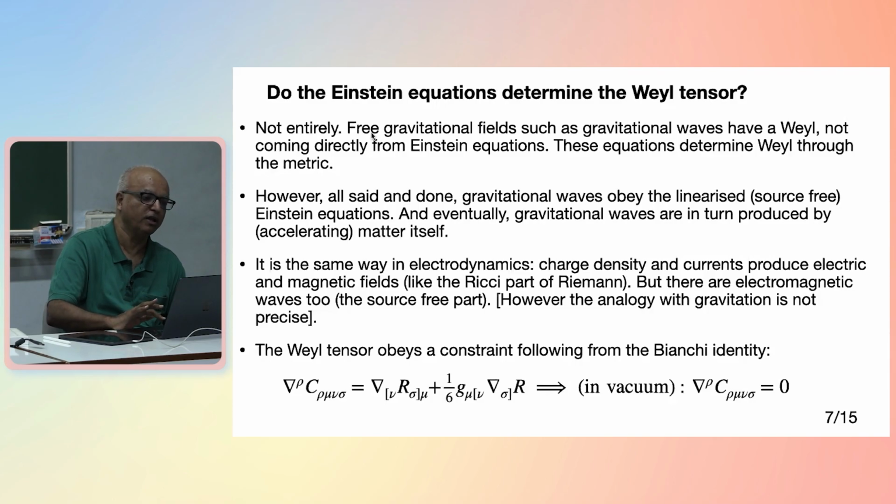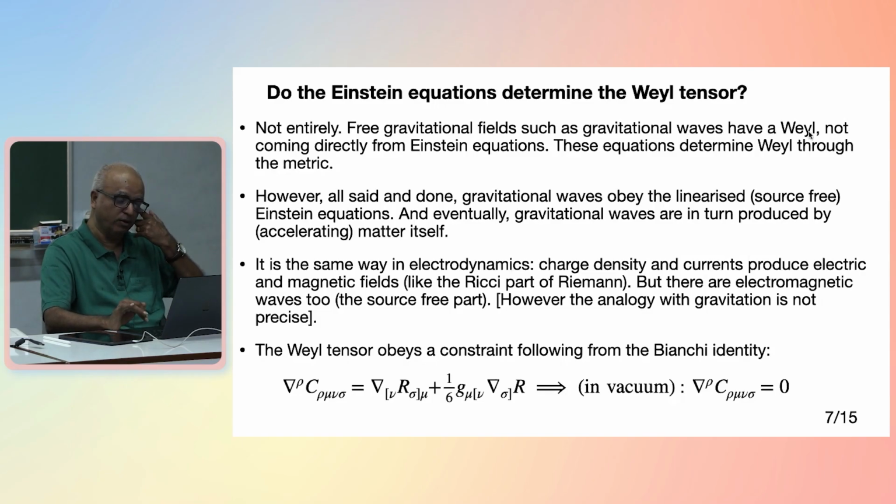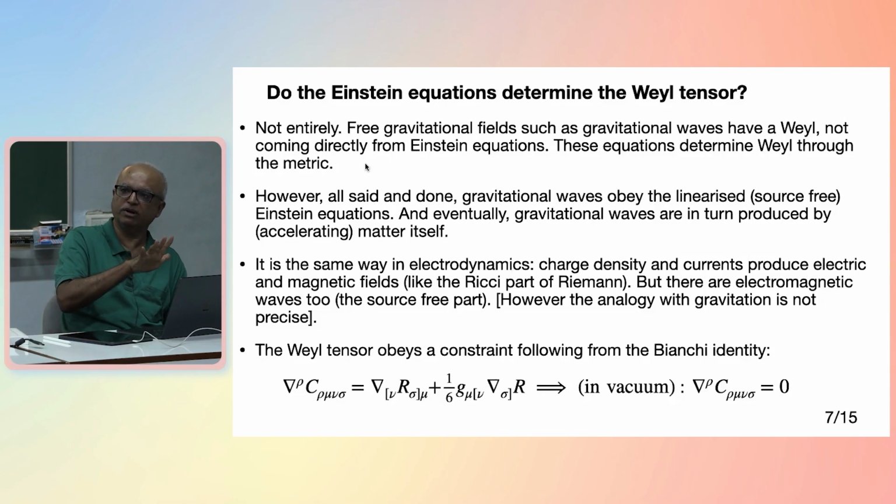Not entirely. The free gravitational fields such as gravitational waves have a non-zero Weyl, but this is not coming directly from the Einstein equations. These equations determine Weyl through the metric. Einstein equations solve for the metric. Once you have the metric, you can calculate the Weyl tensor also.